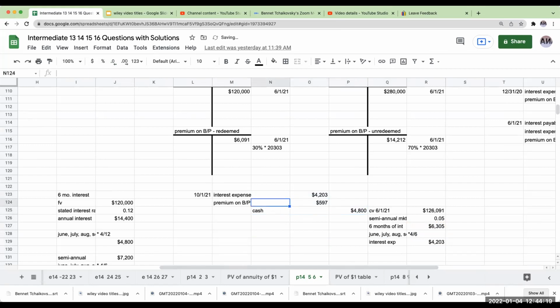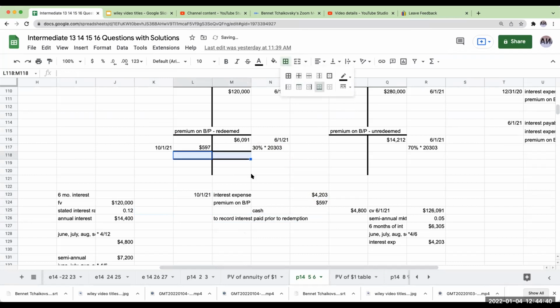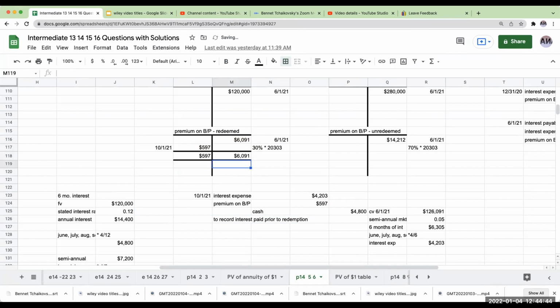And this becomes extremely important for our next step, which is the actual bond redemption. So on 10/1/21, I am debiting my premium on bond payable for $597. So I'm ready to go through and redeem my bond. I've paid the interest through that date.